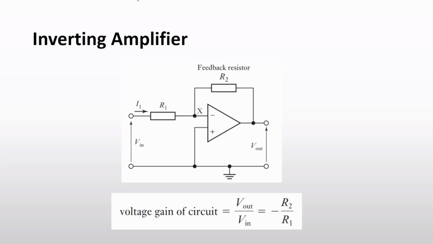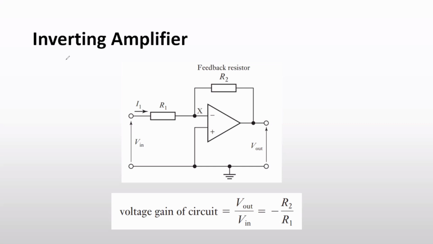Another one. The voltage between these two terminals is zero. That means the voltage at the inverting input and the non-inverting input are equal. So these are the two rules that we are using when we are using the amplifiers in our applications.